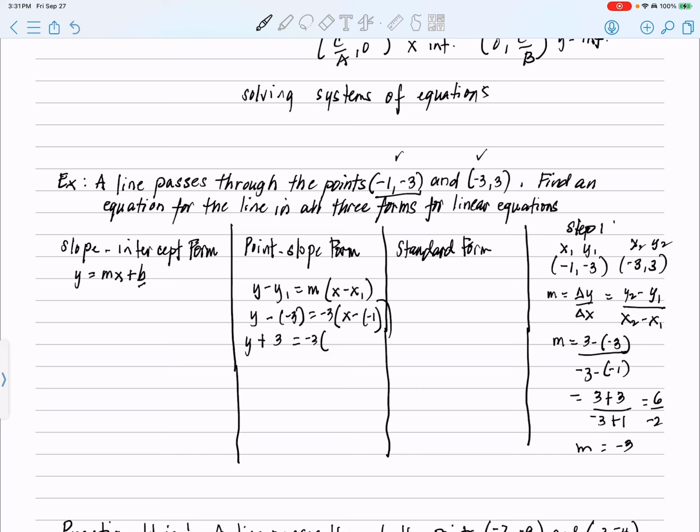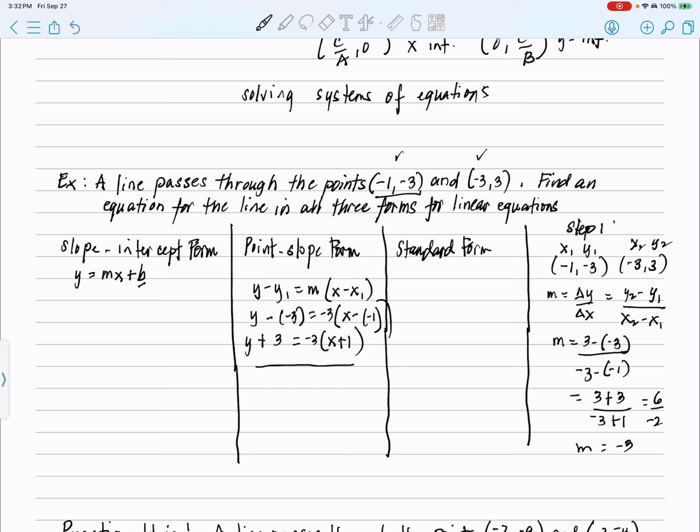I will simplify inside the parentheses first. So this is already in the point-slope form: y minus y1 equals slope times x minus x sub 1.